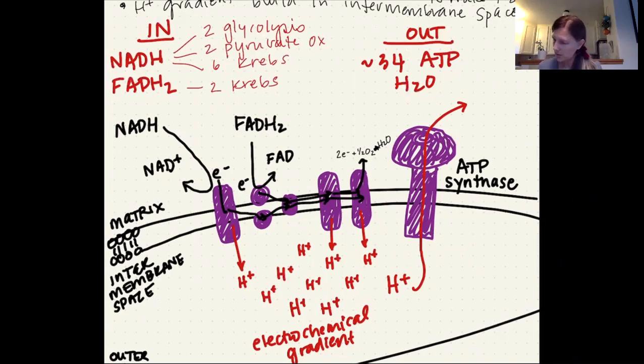So these H's flow down their gradient, and at the same time they take ADP and inorganic phosphate to create ATP. And that's how we're going to generate our ATP.